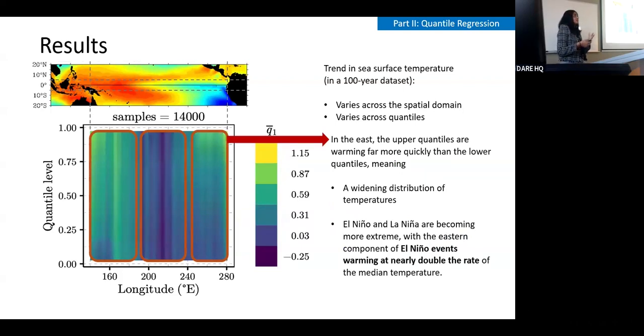What this tells us is that El Nino events themselves are becoming more extreme, in this data set at least. But the mean and the background state are not evolving quite as fast. They're not responding to climate change at the same rate that the events are responding. And that in itself is quite a new result in this field, where we've not previously been able to do that kind of separation before.